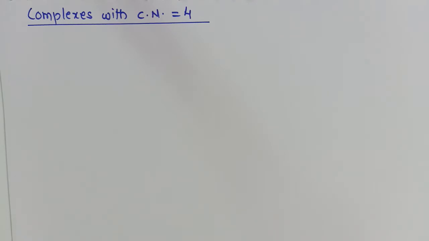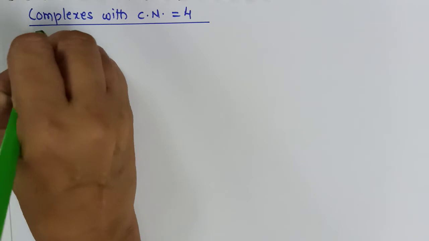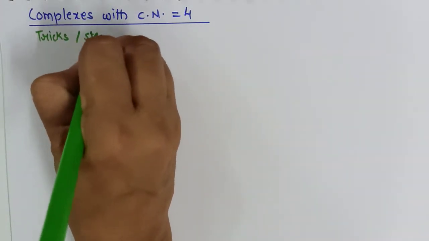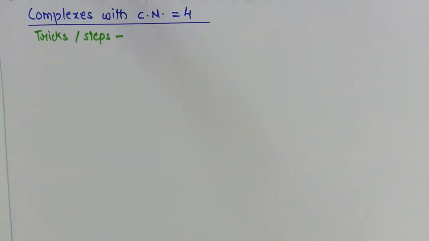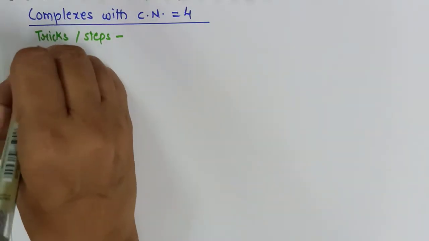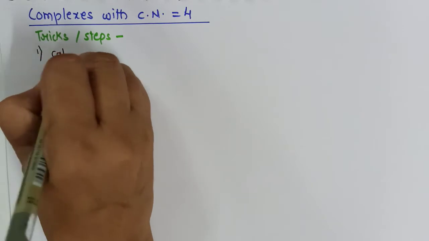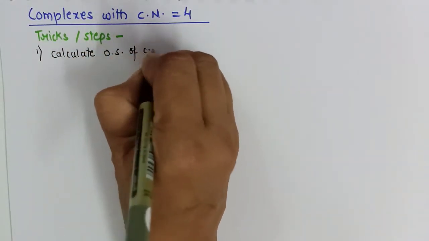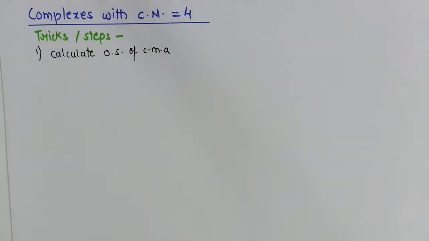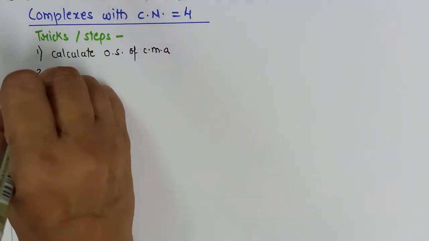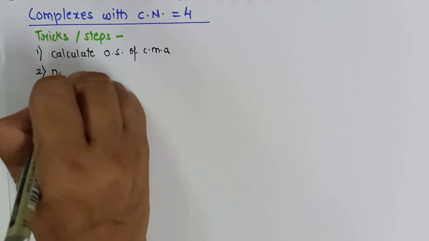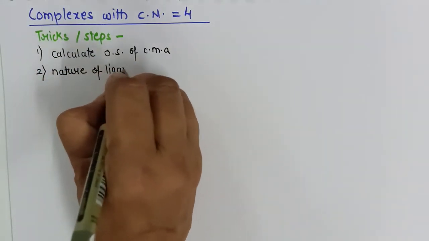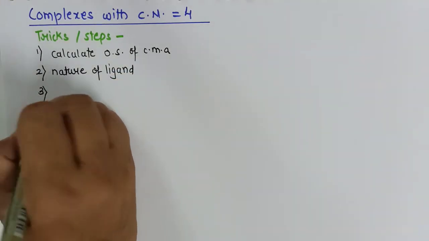But before that, we'll have certain tricks or steps to solve VBT. The very first is we have to calculate oxidation state of central metal atom, which we have already seen how to calculate in the IUPAC nomenclature. Second is we find out the nature of ligand. Just now we have learned how we can know the nature of ligand.